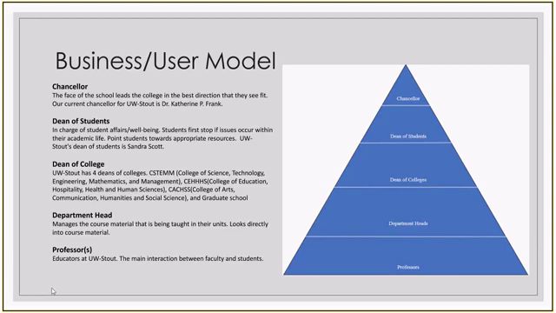Then we have the Deans of Colleges, who oversee the colleges listed below. After that, we have the department heads who manage the material being taught within their departments. And lastly, we have the professors, who are the main interaction between students and faculty, and the educators of UW-Stout.